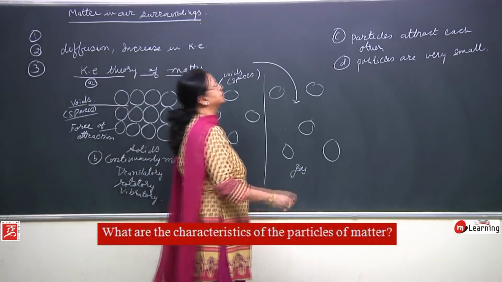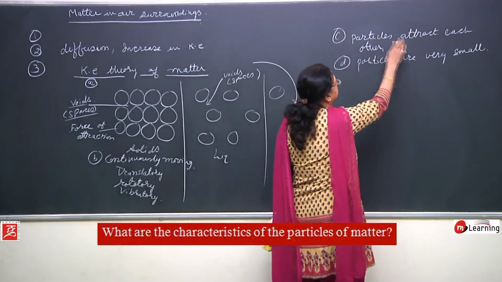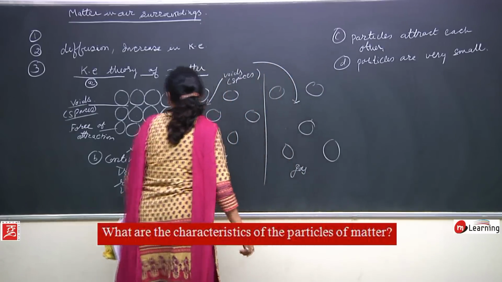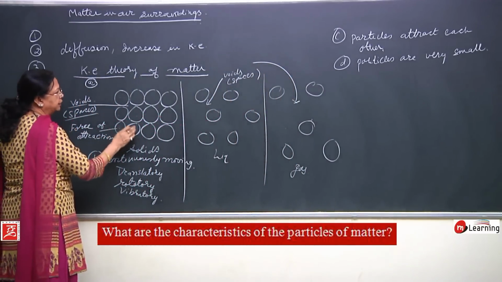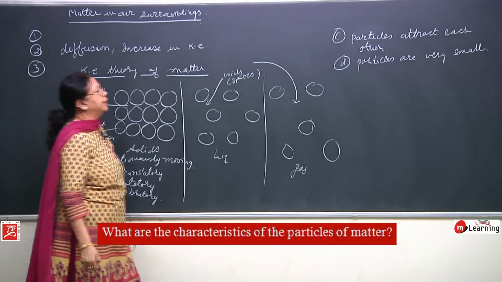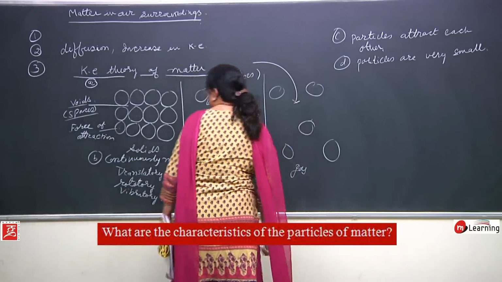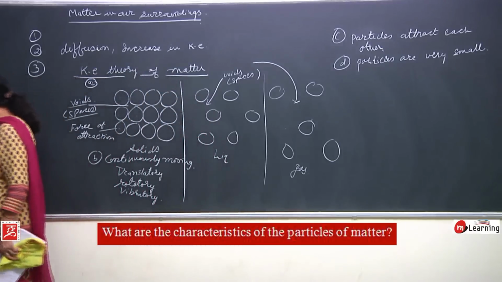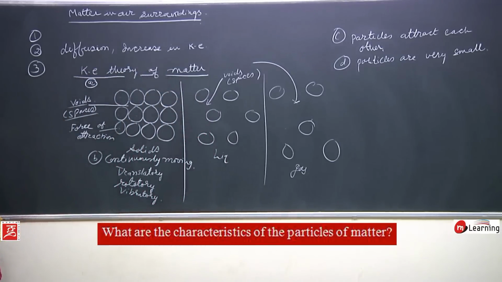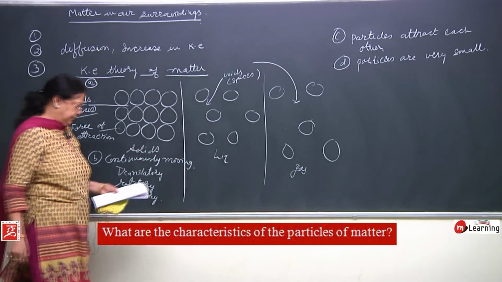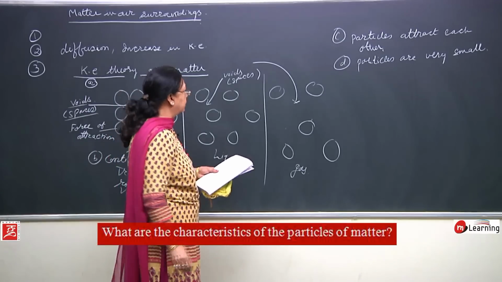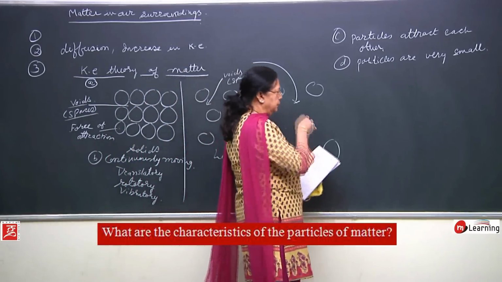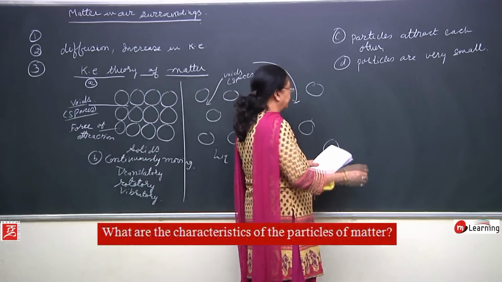Then, these particles attract each other; there is a force of attraction between the particles. Then, the particles are very small, so small that they cannot be seen with the naked eye. So this is all about the third problem in your NCERT book.